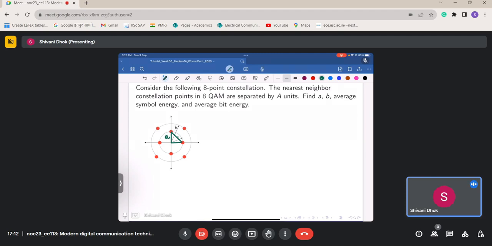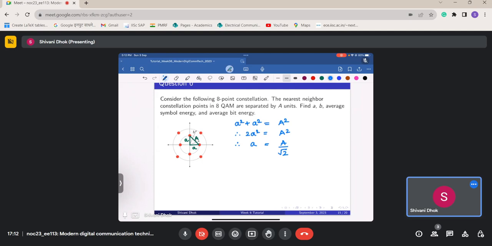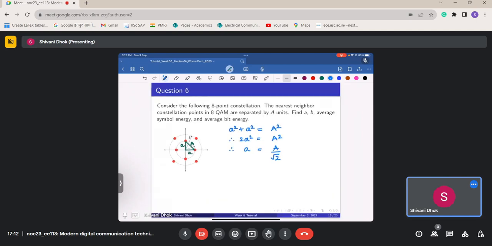We know that this side will be a and this side will be a, and this is capital A. So simply what we have is small a square plus small a square is capital A square. Therefore 2a square is equal to A square, and therefore a is equal to A upon under root 2. Is it clear? This is the first thing that we are having. This is simple.